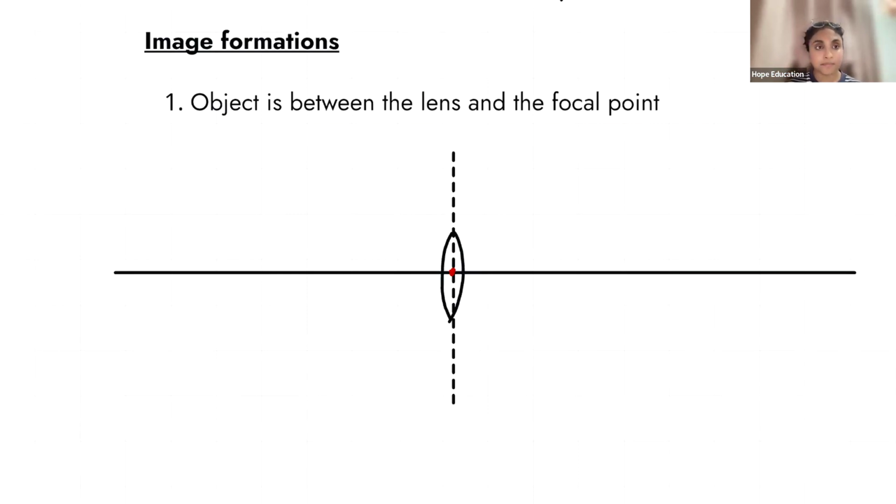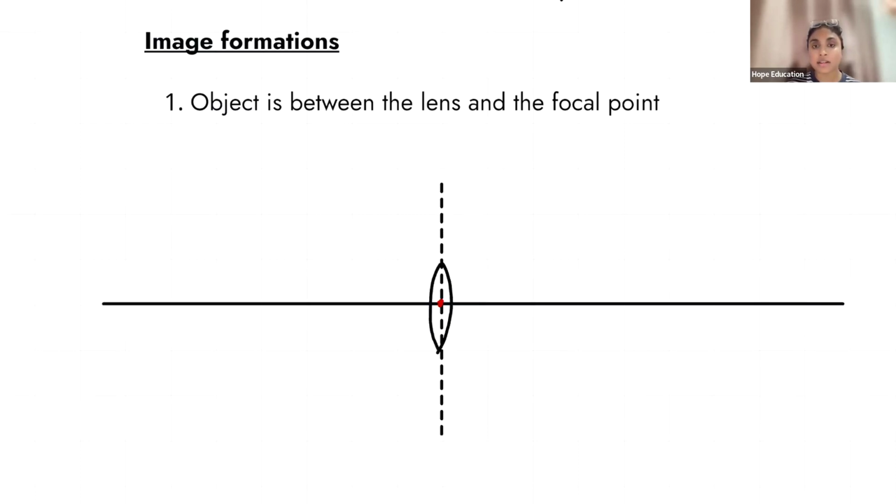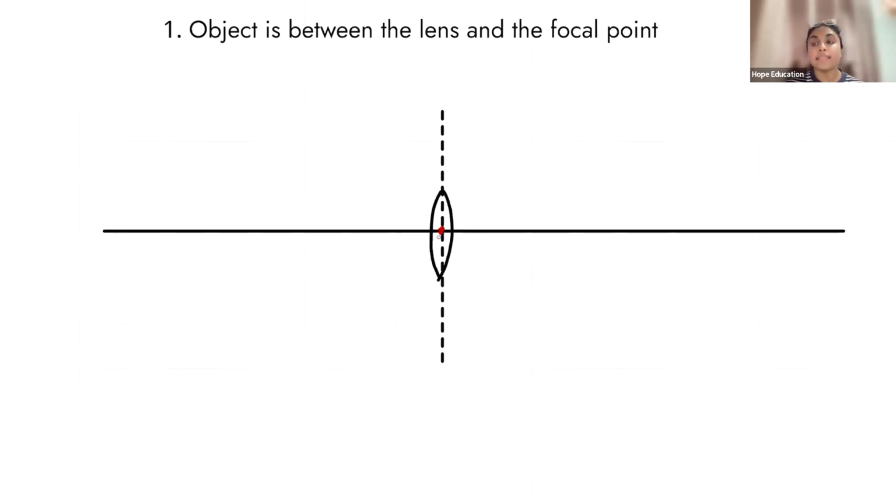From the optical center you have to measure a certain distance. I'm going to measure 3 squares and mark my focal point. That same distance I'm going to mark on the other side. So here also 3 squares and I'm going to mark the focal point.